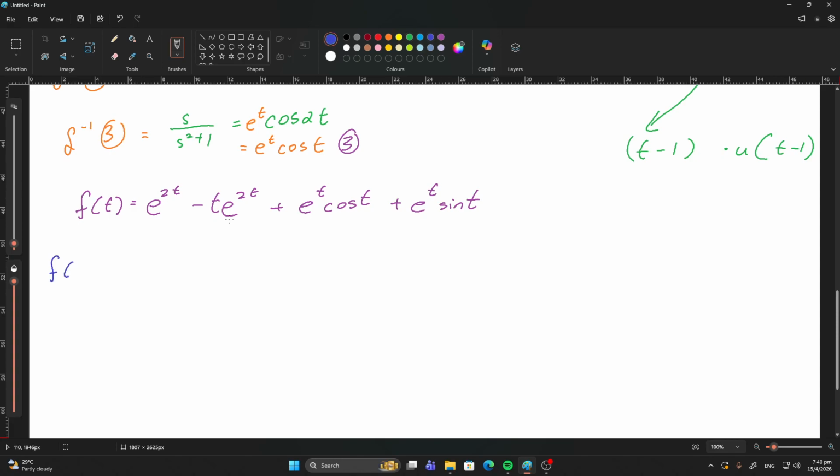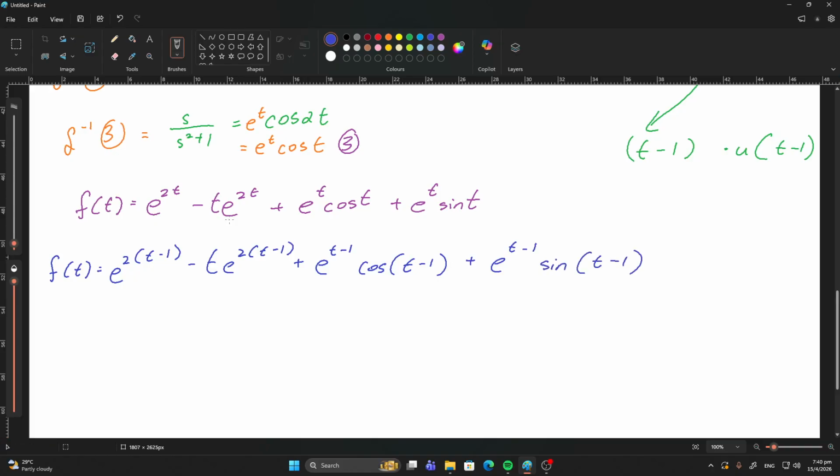So f(t) equals exponential to t minus 1 minus t exponential to t minus 1 plus t minus 1 cosine t minus 1 plus exponential t minus 1 sine t minus 1. And then we bracket the whole thing times the unit step.